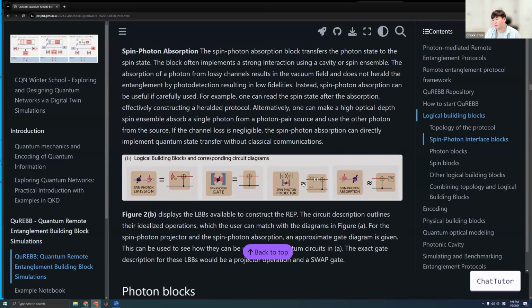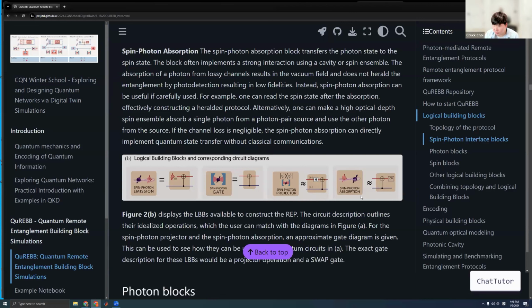It's not exact because you can do it in a different way. You can use the spin photon projection in a different way, to not make the CNOT gate, which is not useful for the quantum network. So that's why we have this approximately same sign for these two blocks.